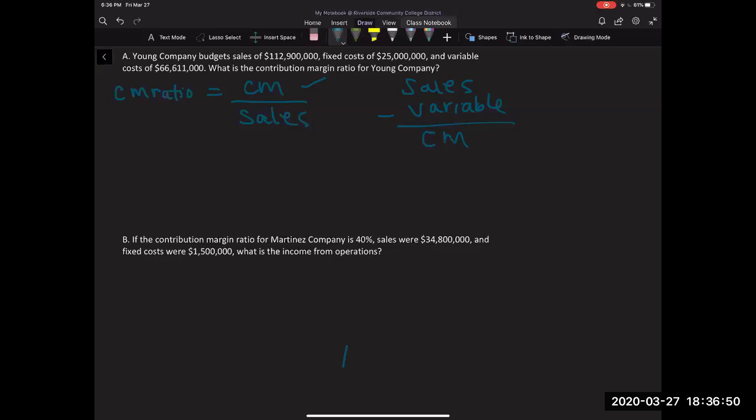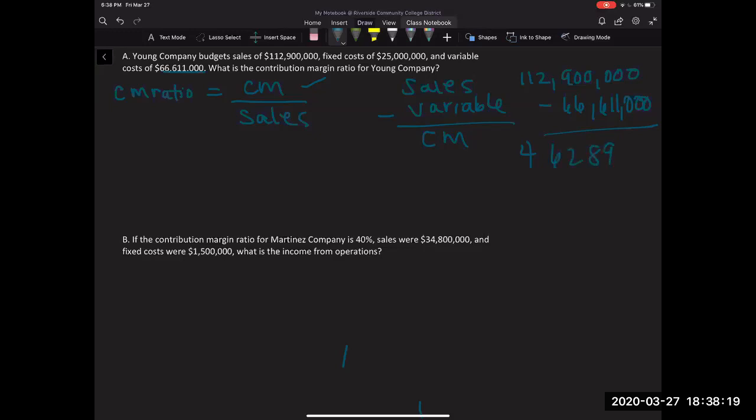So here our sales again is 112,900,000, and then my variable cost is $66,611,000.